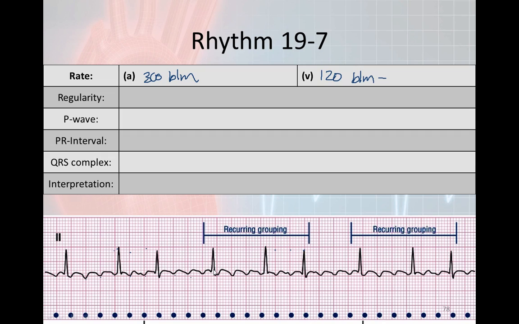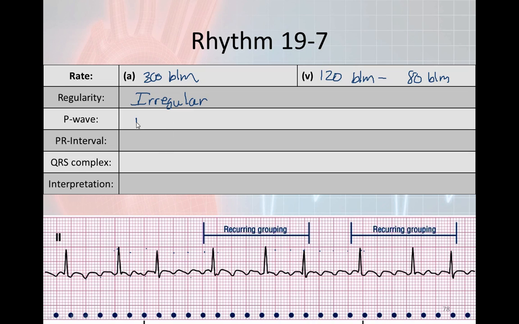We have to find the widest QRSs. Let's say this is right here, 300, 150, 75, so that's about 80. How about here? 300, 150, 75, so that's about 80. So we have a range of 120 to 80 beats per minute, or 80 to 120, either way. Regularity is going to be irregular.